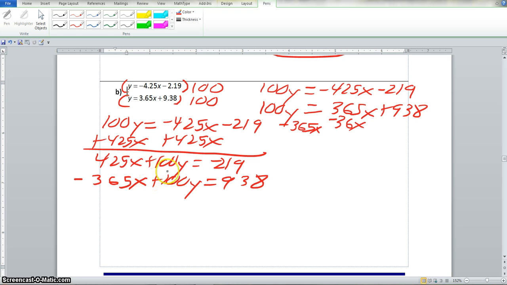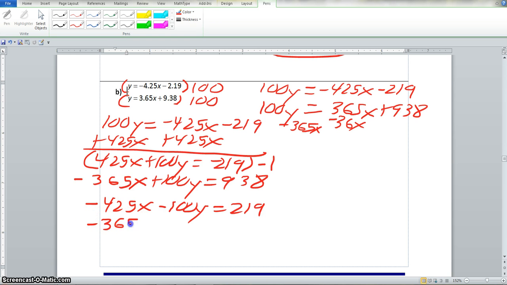Now, the easiest thing for us to get rid of is the y's. So what we could do is I would take this top equation and multiply it by negative 1. So the top equation would give us negative 425x minus 100y is equal to 219. And we'll bring down that second equation.